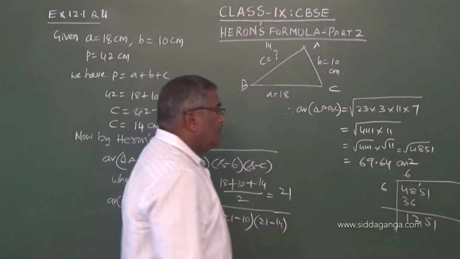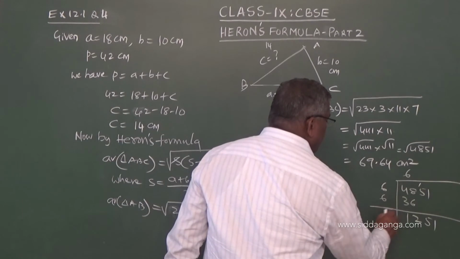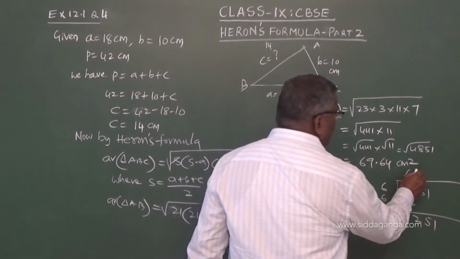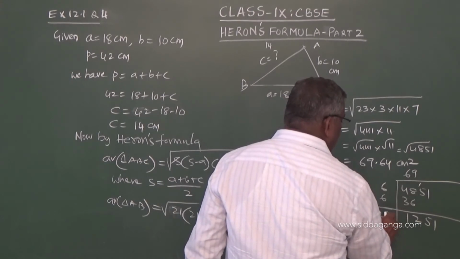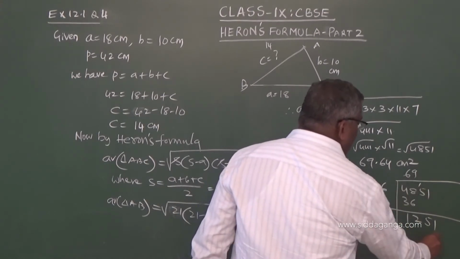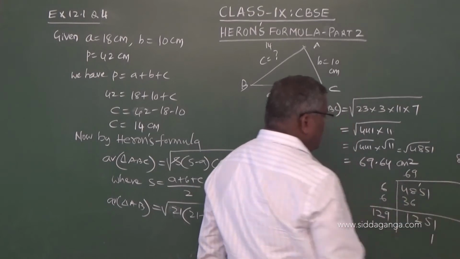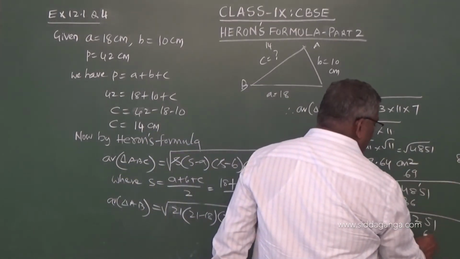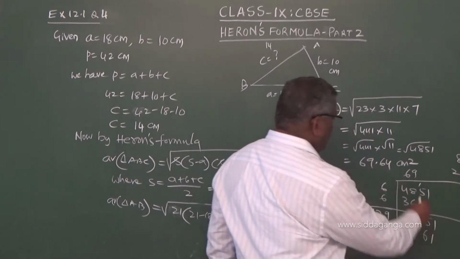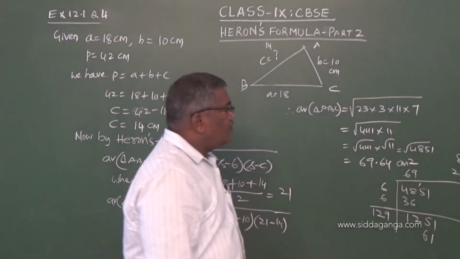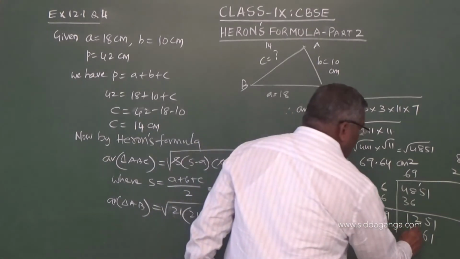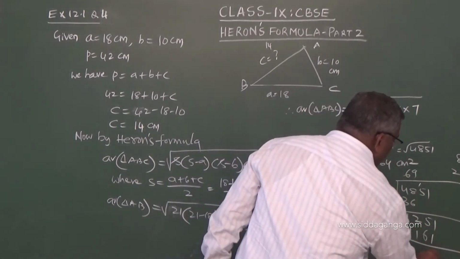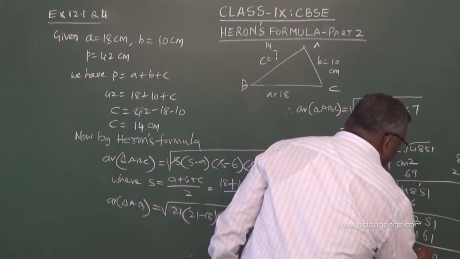Now you will get 6 plus 6, 12. If you put 9 here, you put 9 here. 9 9s are 81. 8 is the carry. 18 plus 8, 26. 2 is the carry. 9 plus 2, 11. So we are left with 110.